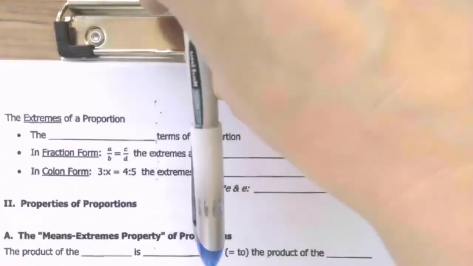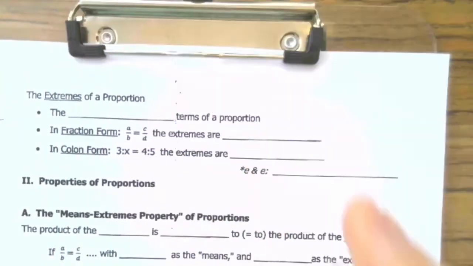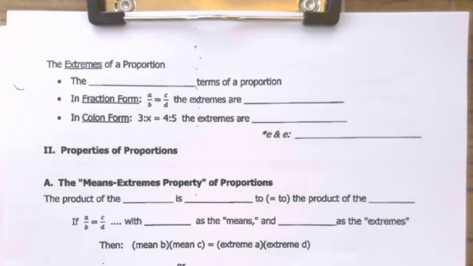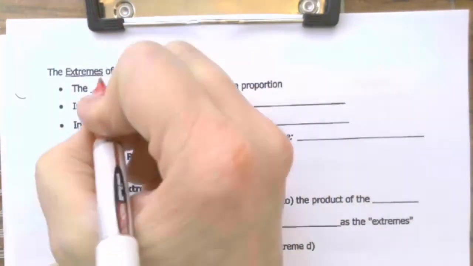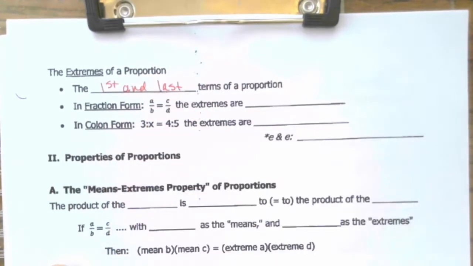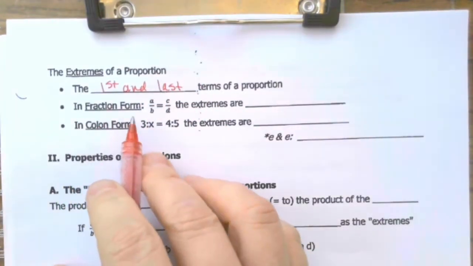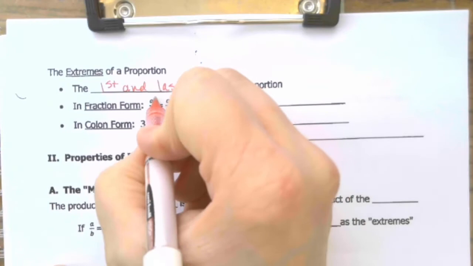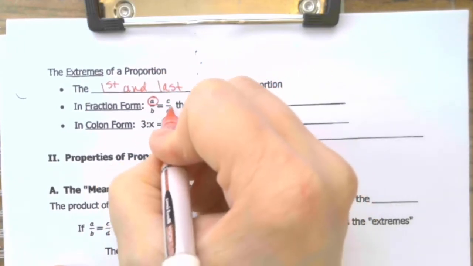Okay, related to the means are what we call the extremes of a proportion. The extremes of a proportion are the first and last terms of a proportion. In fraction form, this would be the top left and the bottom right.